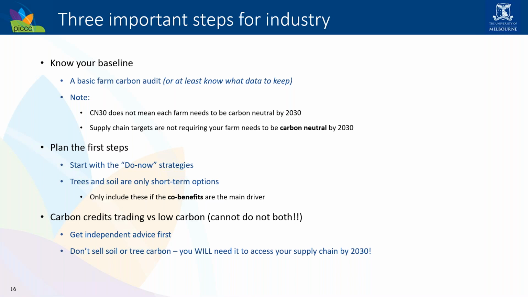And then also just the note there about carbon credits versus low carbon. So if you're going to follow, I was saying earlier about look-see, and you can look up different ERF projects that you could undertake on your property. If you are going to then sell those ACCUs that you generate from that ERF project, you can no longer then cancel those against your own accounts, because you've sold them to somebody else, because they want to make a carbon neutral claim.